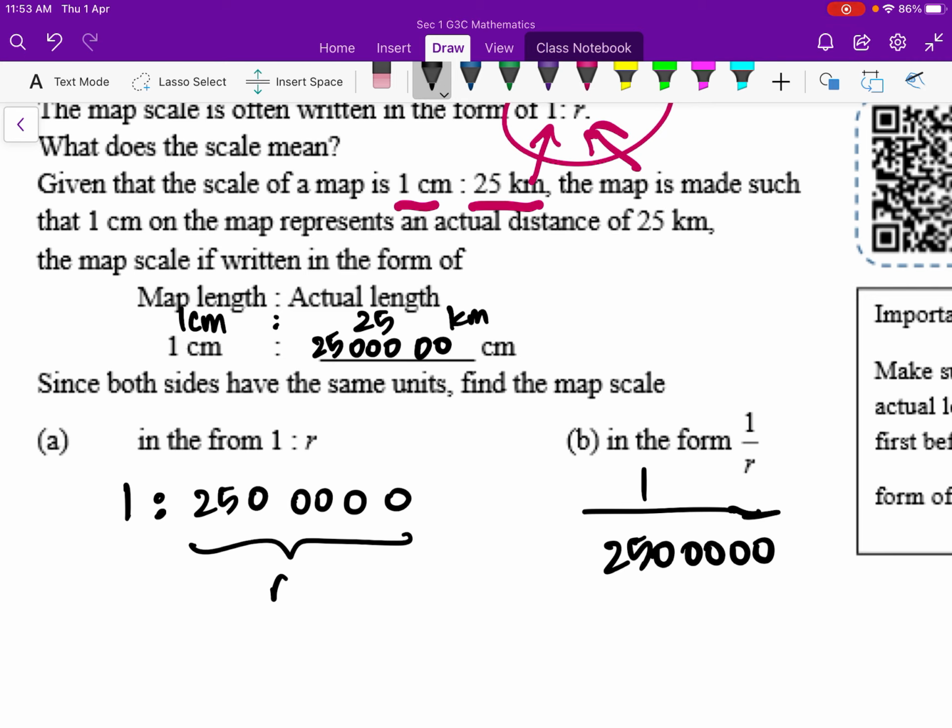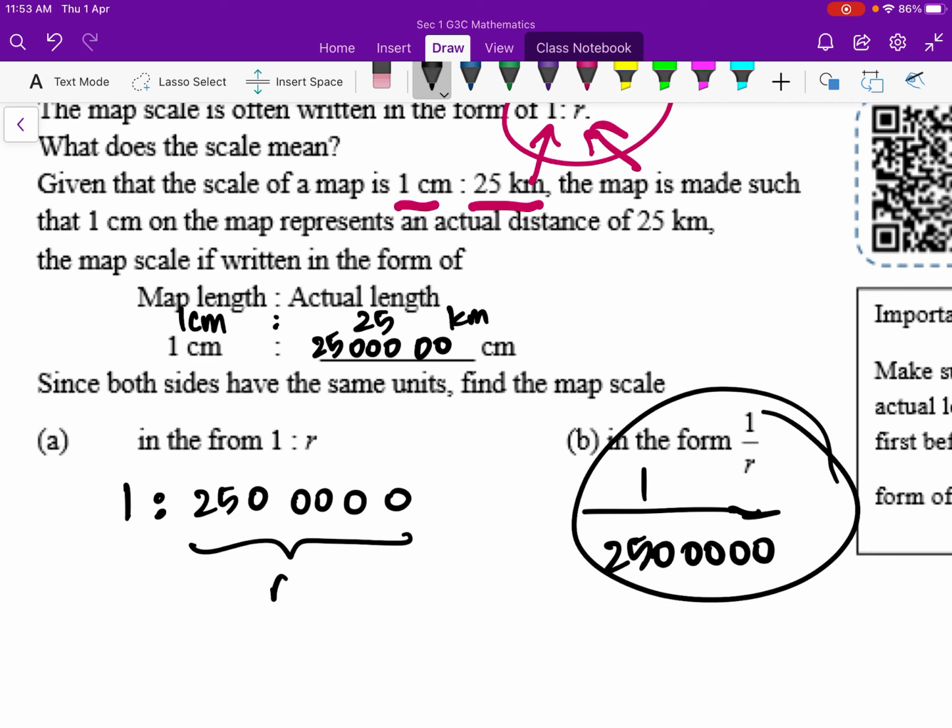Then it works the same way as your similarity, your scale factor, remember? When the scale factor is more than 1, then the image is bigger, isn't it? Scale factor more than 1, the image is bigger than the original. When the scale factor is less than 1, the image is smaller than the original. Here we have map scale. Look at this.